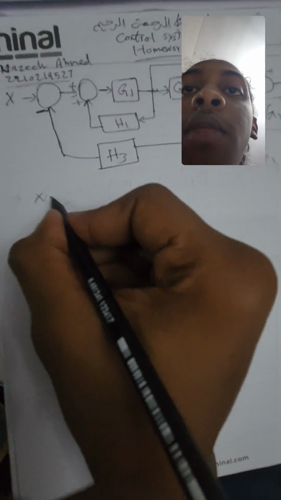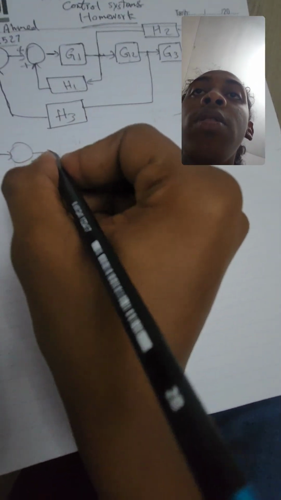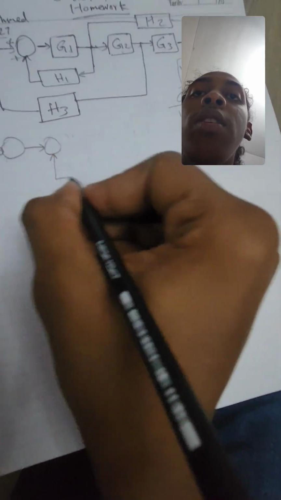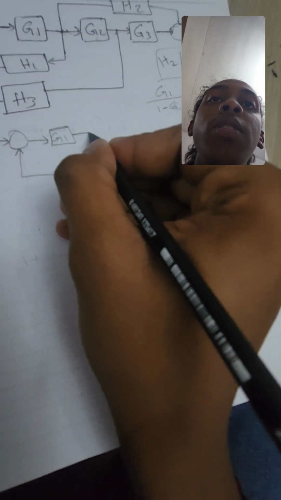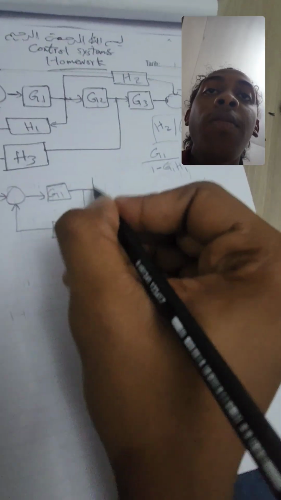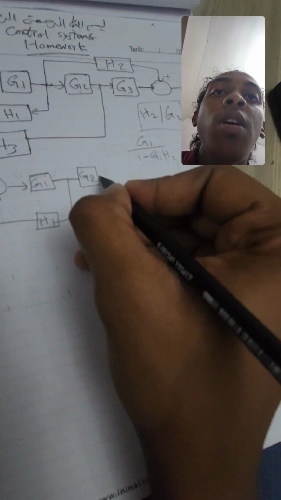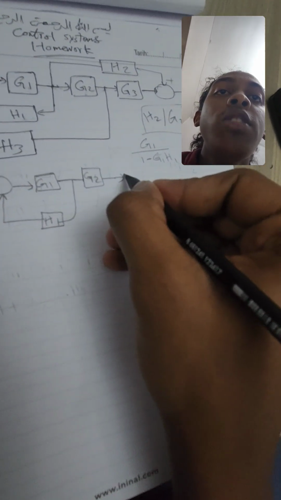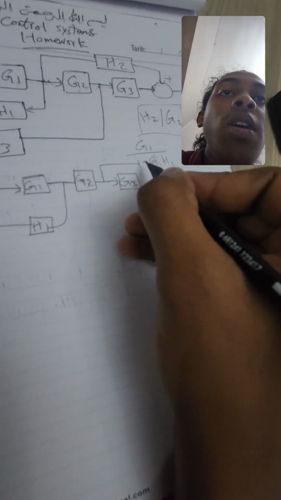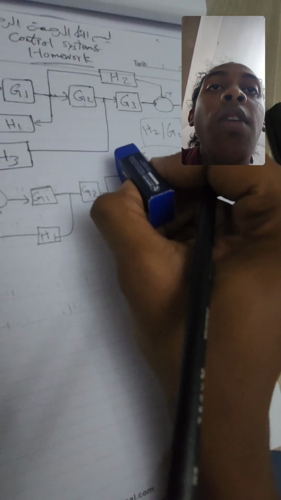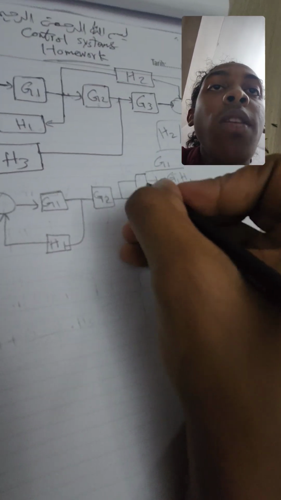So let's redraw it. We have here X, a summing point, also another summing point. There is H3, also H1, and there is G1, and this H2. We have here G2, and we moved this block which is H2 here, and it's making a forward loop with G3.